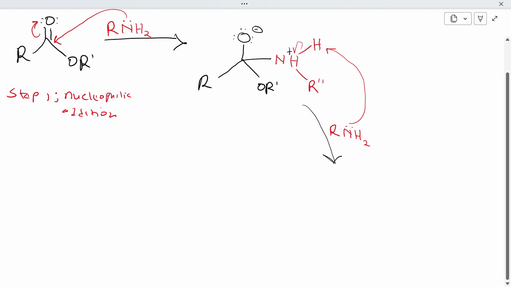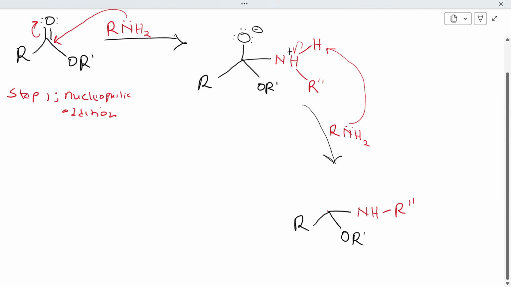When that happens, it is going to open up, and the new product I'm going to form here looks like this: R, that is bonded to OR prime, that is bonded to NH, that is bonded to R double prime.